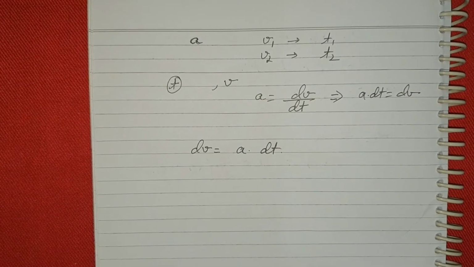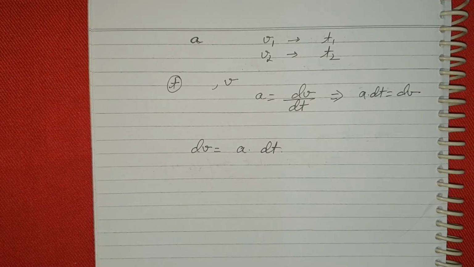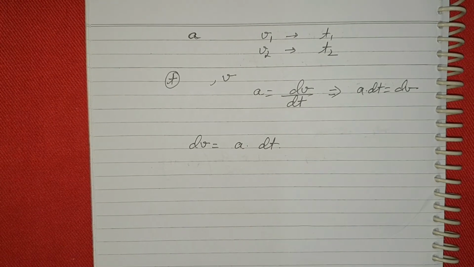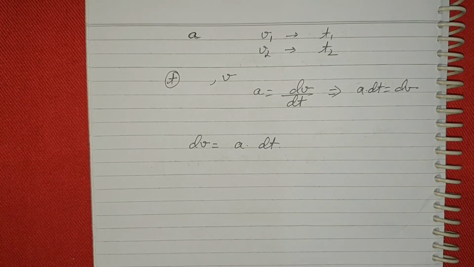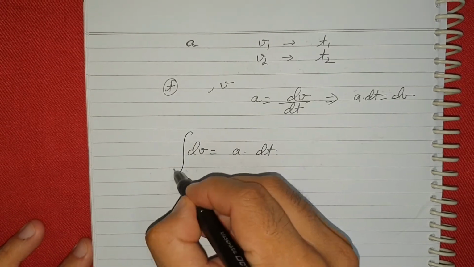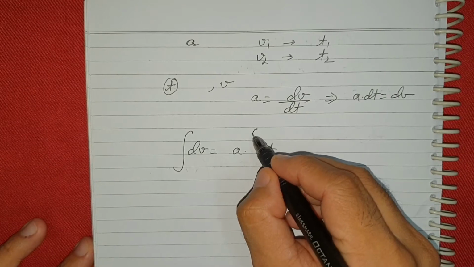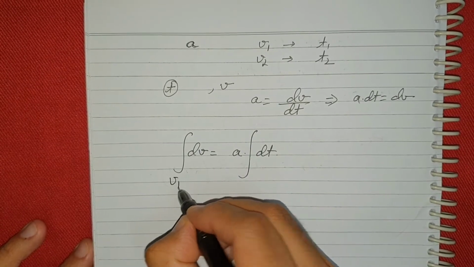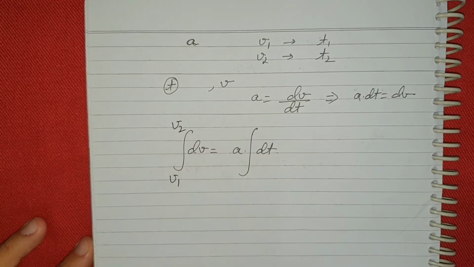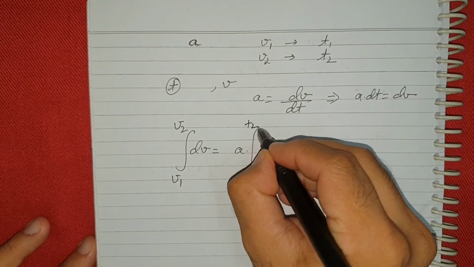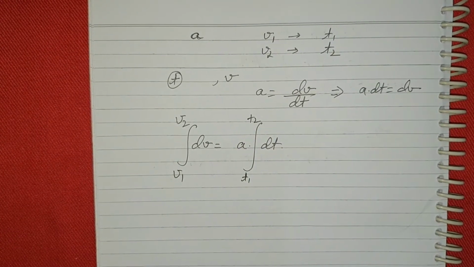Now, integrating it with the conditions of motion, that is when the time changes from t1 to t2, the velocity changes from v1 to v2. We can take a common directly. So integrating, v goes from v1 to v2 and time from t1 to t2.